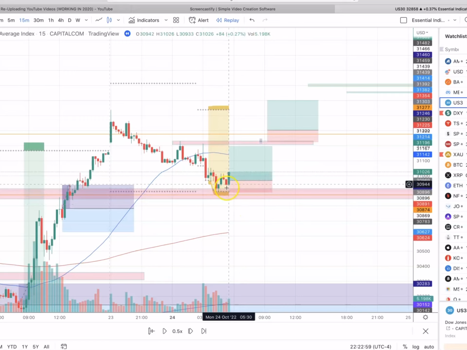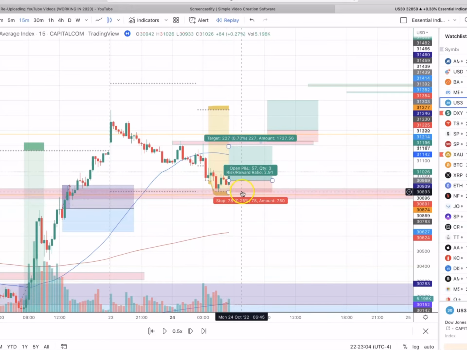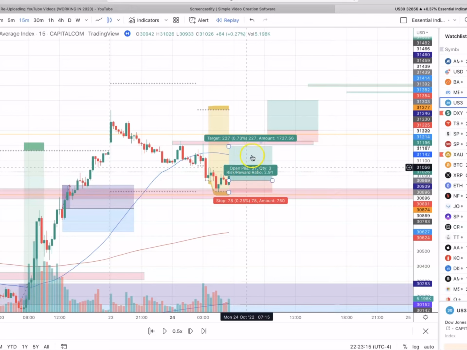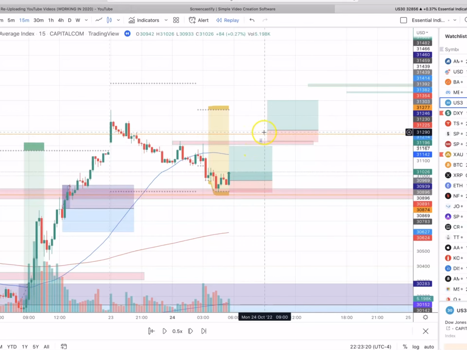That's why I execute, put a tight stop underneath the low of the day, low of the session, and my first take profit is actually about 50 pips, which is nothing on US 30, and then I'm letting the rest ride out to the next point of liquidity, okay, because this is a point of resistance, but liquidity is above these points.